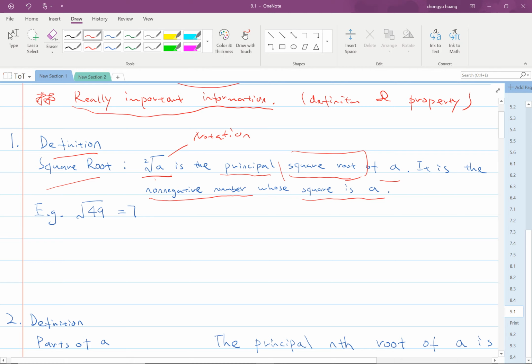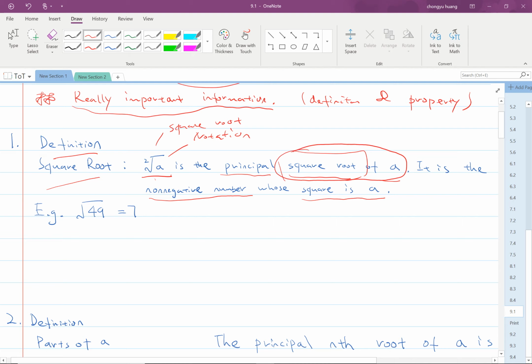So try to remember this notation. This is the basic form of how a square root looks. How you read it is, the square root of a.